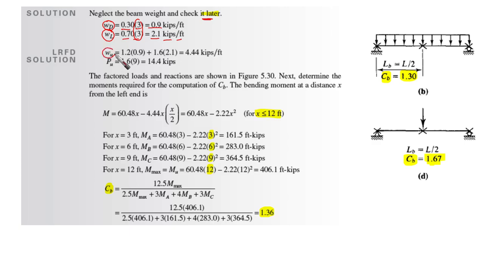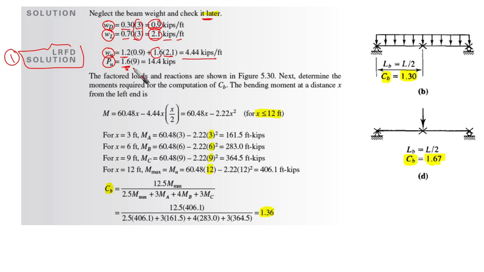So the ultimate distributed load, if we are going to start with LRFD, is going to be 1.2 times 0.9 dead plus 1.6 times 2.1 live. This gives us 4.44.